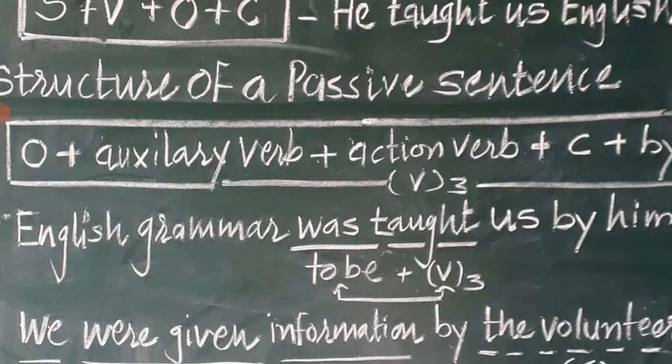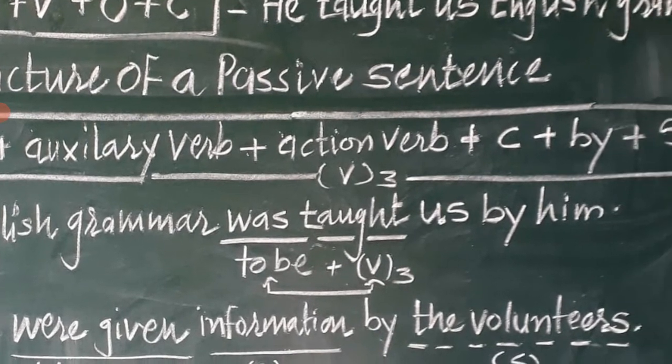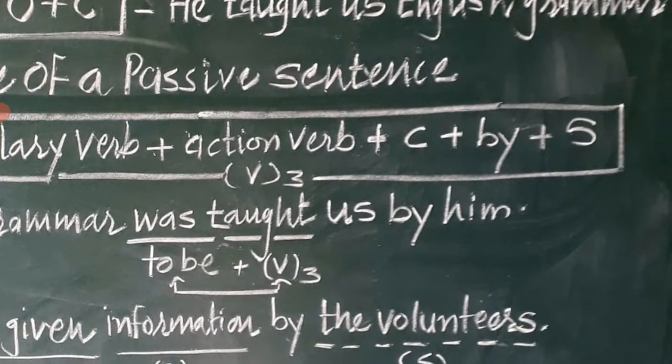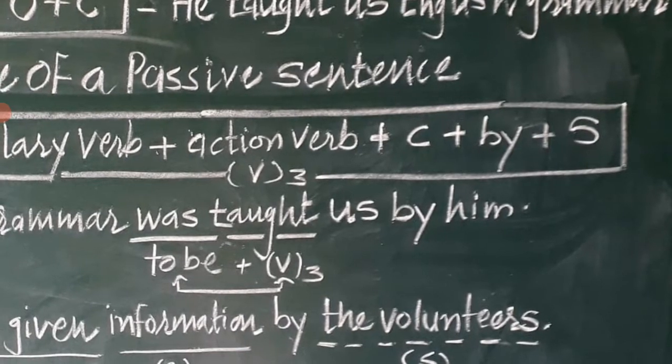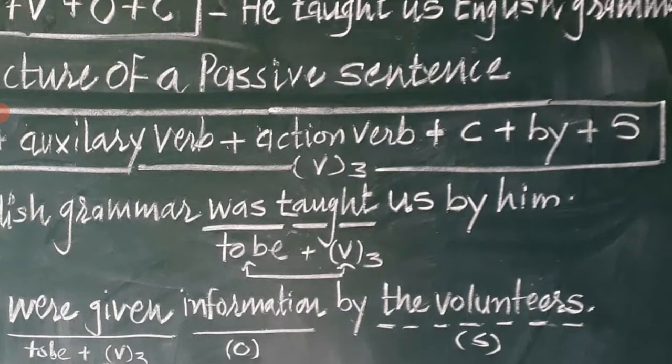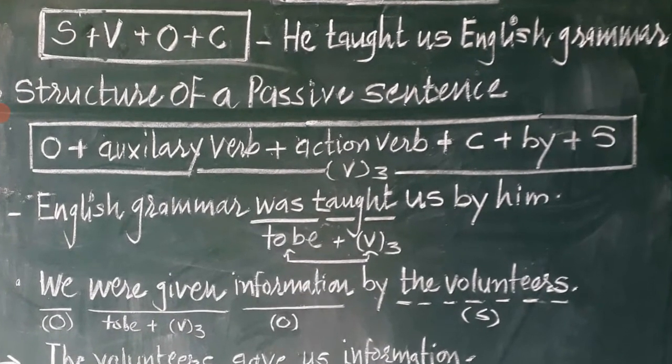Afterwards, an action verb, but please remember, in passive structure, the action verb always appears in its past participle form. Afterwards, the remaining words may be complements, and thereafter the subject which is associated with by. So, this is how the structure of a passive sentence is.